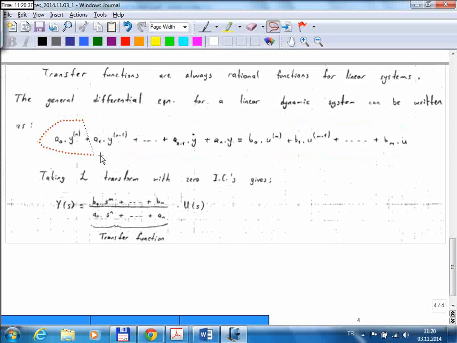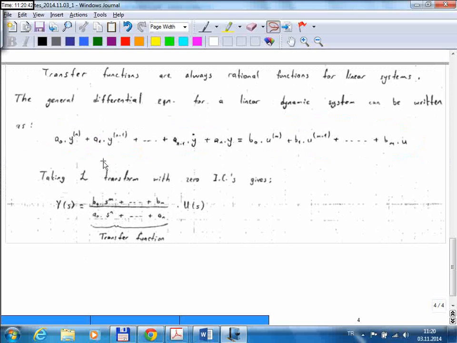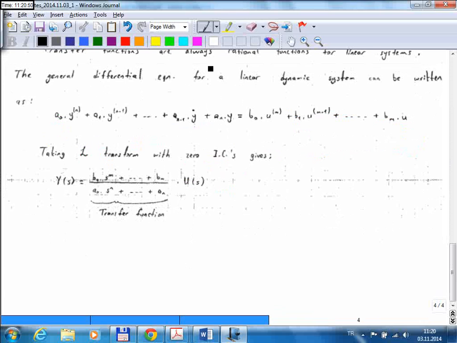Once you have such an equation, if you take the Laplace transformation of this most general equation by assuming zero initial conditions, what you get is the following. For the first term, you get a0 times, since this is the nth derivative of y, s to the power n times Y of s.